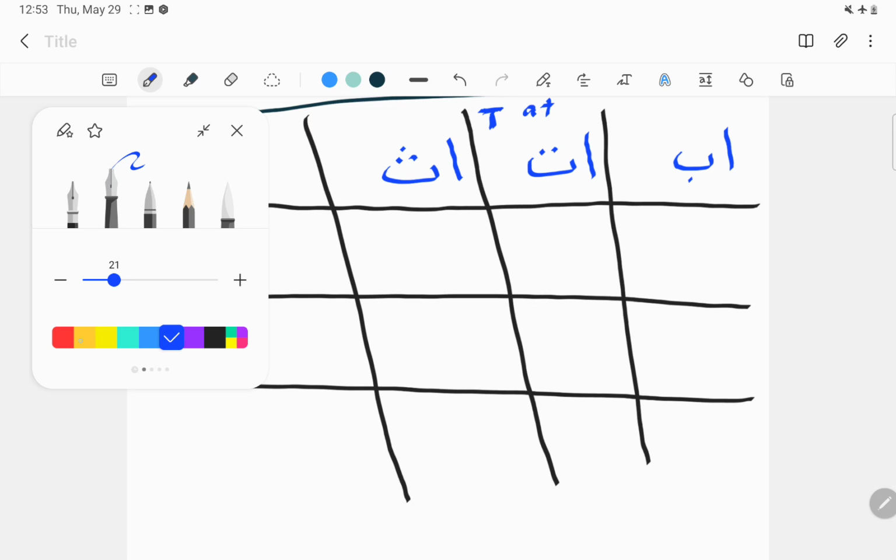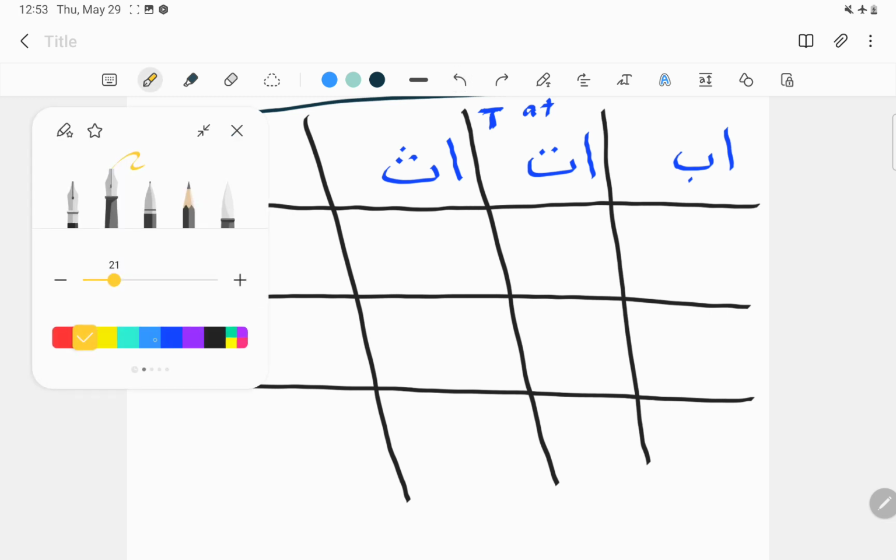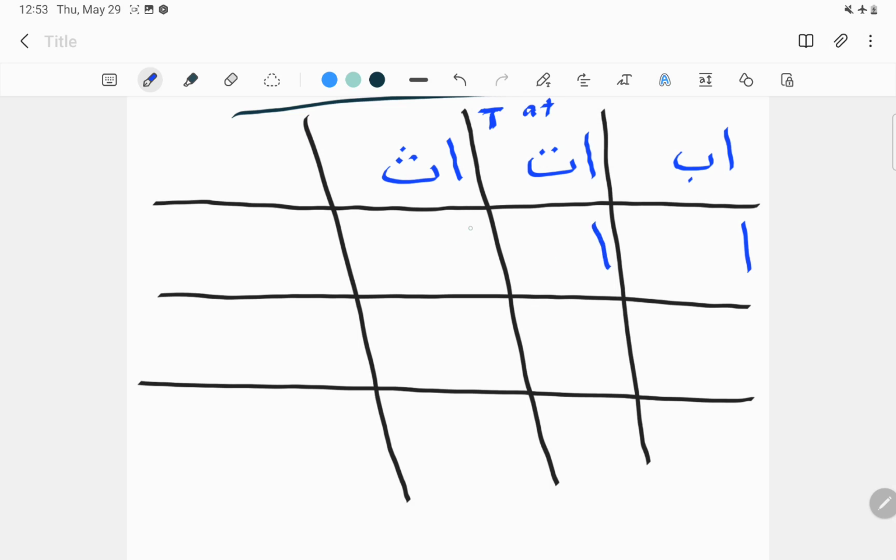Now we have the second group. I don't like this color here, guys. My bad. Let's go back to the blue. Here's our A. And we have Jim, Ha, Kh.